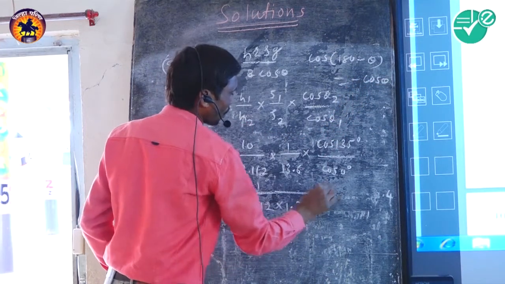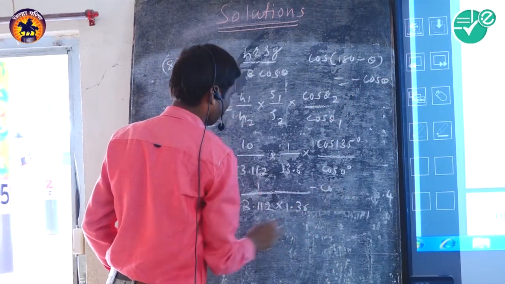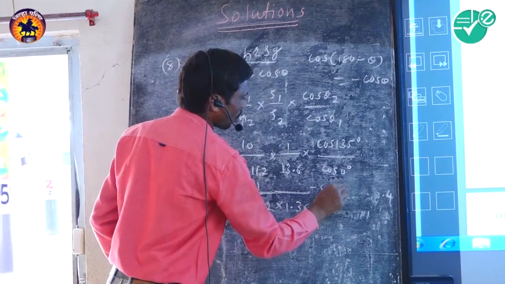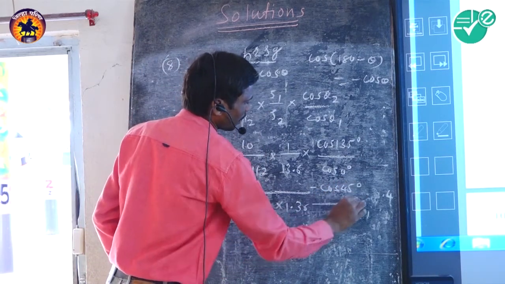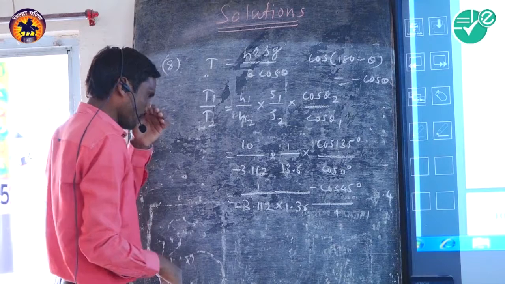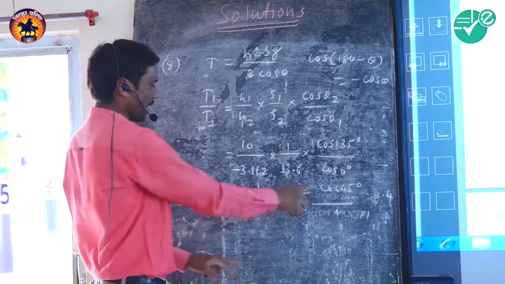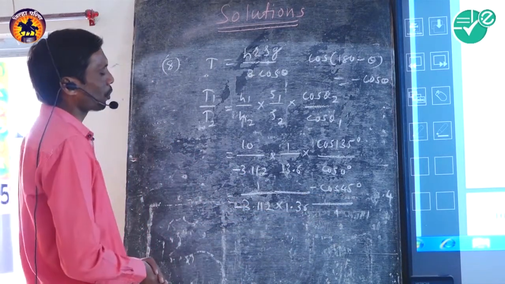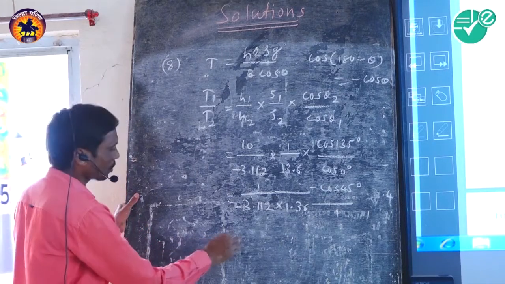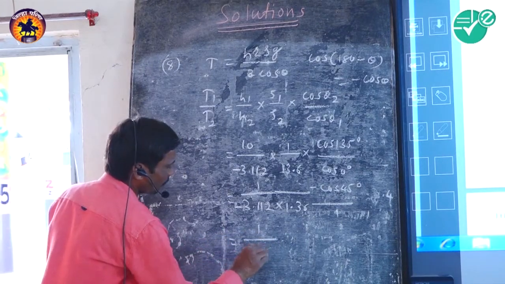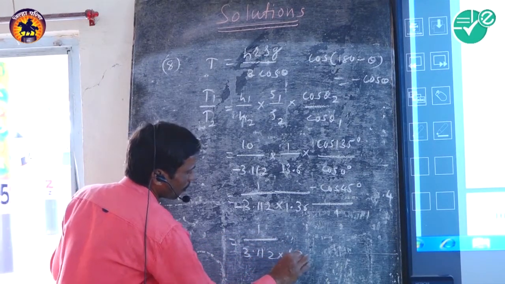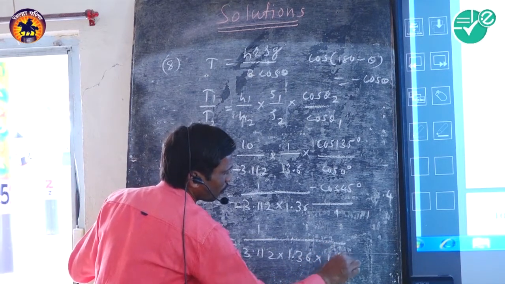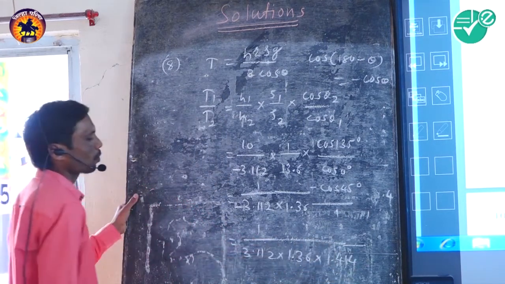It means it is cos minus cos, here this distance is negative, so it is minus cos 45 degree divided by 1, and minus cos 45, here minus minus get cancelled. The value of cos 45 is 1 by root 2. So we get 1 divided by 3.112 into 1.36, into here this 1.414, the value of root 2.